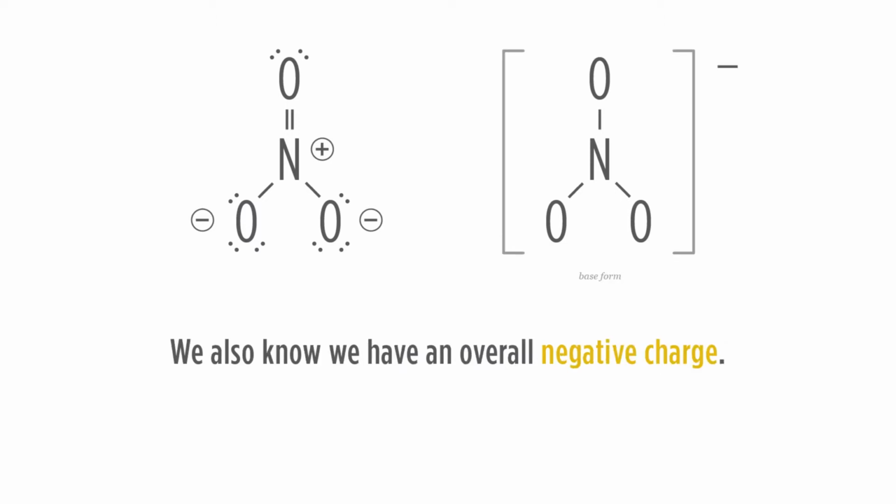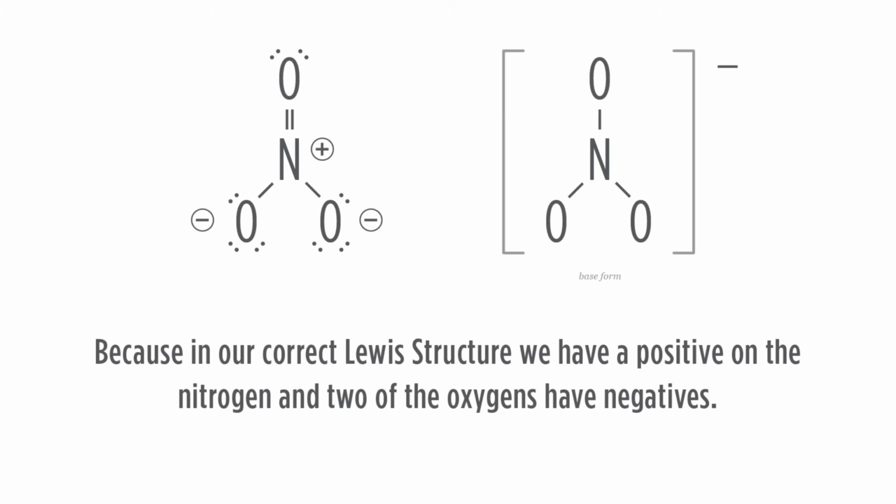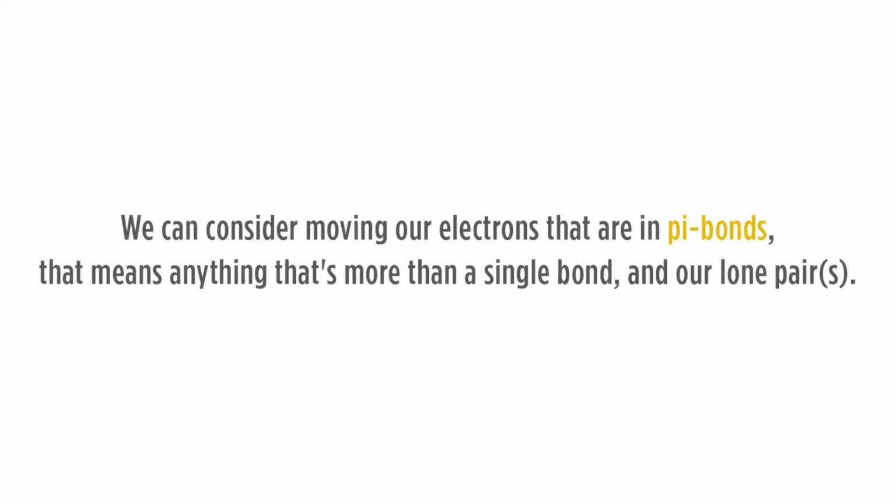We also know that we have an overall negative charge because in our correct Lewis structure we have a positive on the nitrogen and two of the oxygens have negatives. What we can consider moving is our electrons that are in pi bonds, that means anything that's more than a single bond, and our lone pairs.